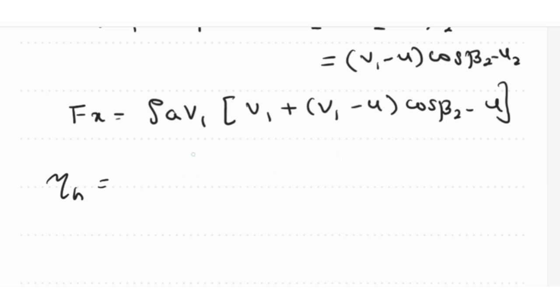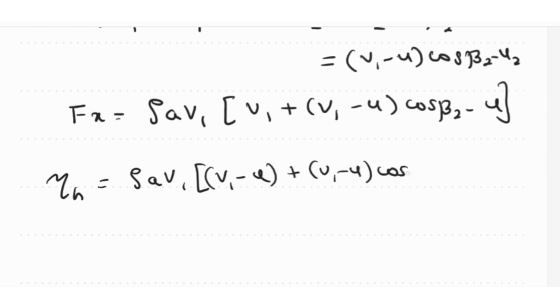Output is work done, that is Fx into U. So that is rho into A into V1 into (V1 minus U plus (V1 minus U) cos beta 2).